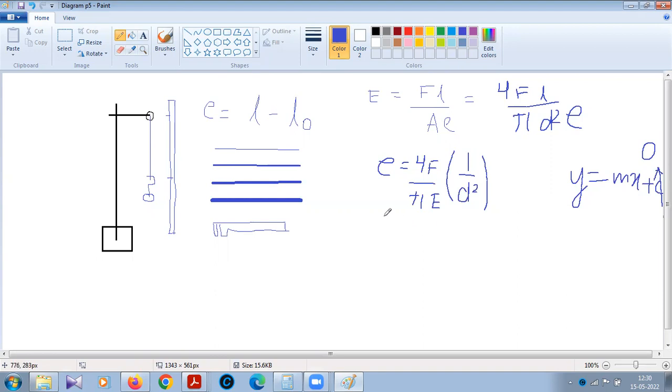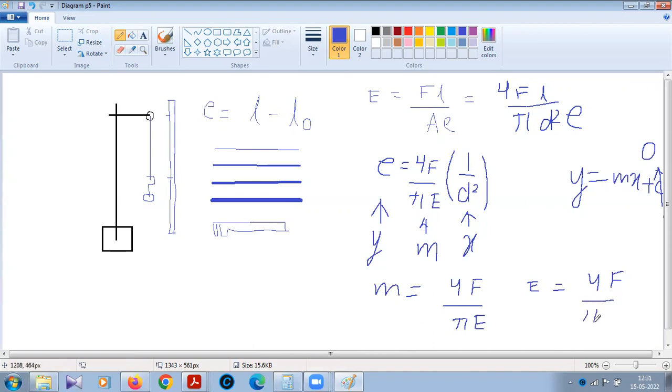This y is nothing but the e, this 1 by d square we are taking as x, and this 4FL upon pi E is nothing but the slope or the gradient. So m is equal to 4FL upon pi E. So we can find out E: E will be equal to 4FL upon pi into m. m is nothing but the gradient.